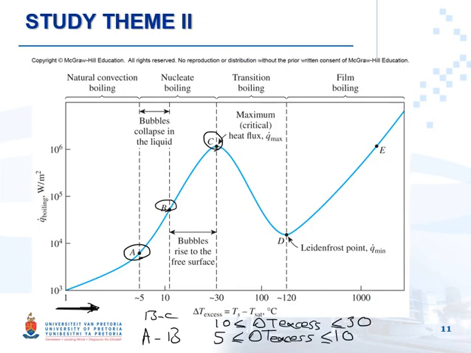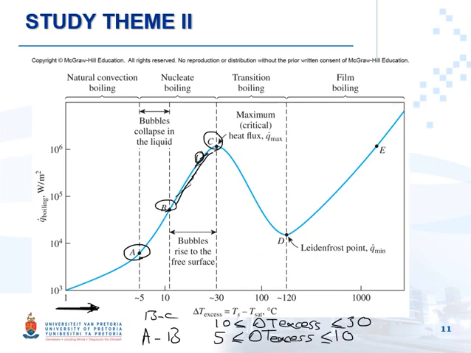Am I right? So I'm going to design it for this part between B and C, and I would like to design it as close as possible to C. This area is the best, but when we go closer to C, it's better. So C is the maximum or critical heat flux.